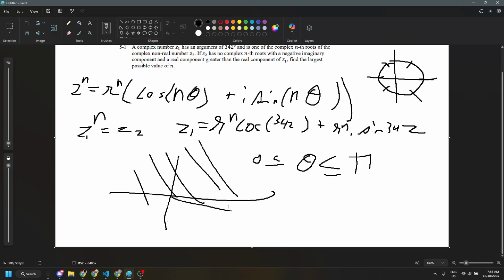So, wouldn't sine 342 be negative? 342 is negative, so i is negative. Maybe this is not... I was thinking of this as an or, but maybe this is an and, a real component greater than z1.